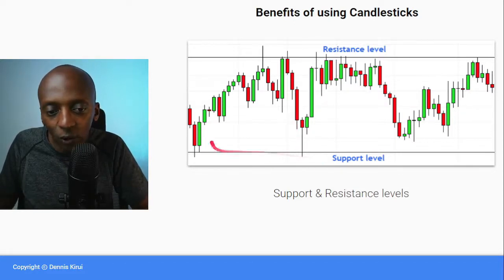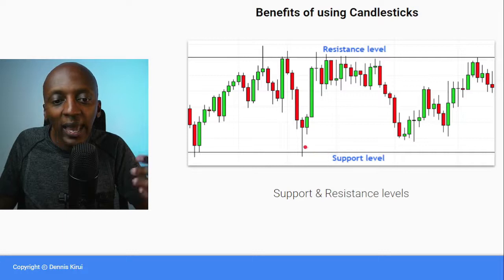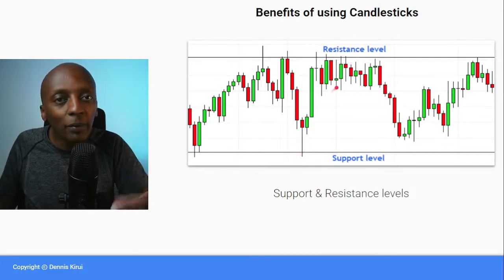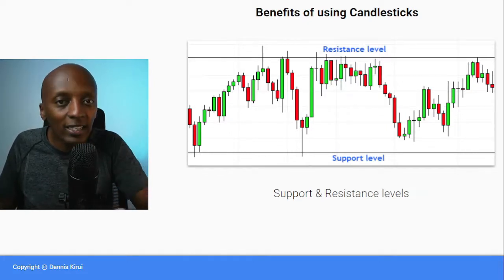Like in this particular level, you can see it came here, bounced up, came here, bounced up again. So that the next time the market reaches that level and you find an entry signal, there is a high likelihood that if you enter that trade, you'll have a profitable trade if you implement that strategy over a large series of trades.